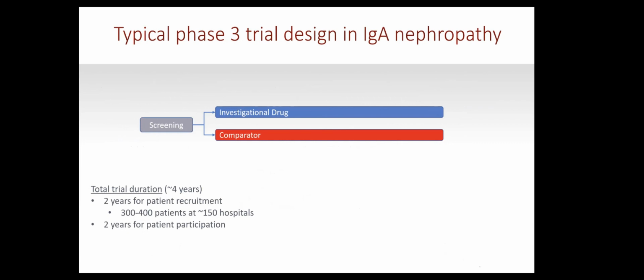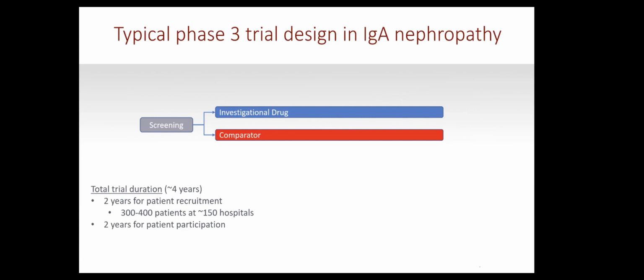We'll be looking at a study of around about 4 years. A typical phase 3 study will involve 300 to 400 patients, and we'll probably need to recruit patients at around about 150 hospitals. They'll often be conducted all around the globe.